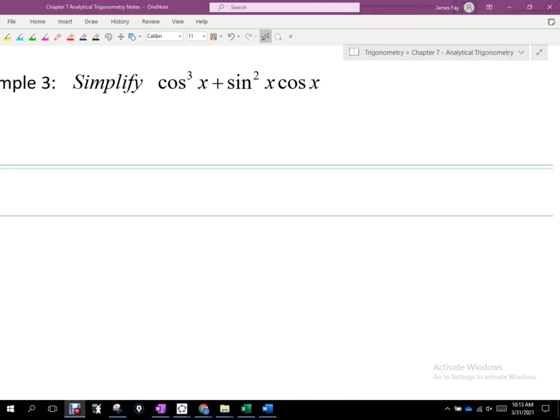Sometimes they might break down to, I think one we get to today, negative cotangent of x. You might not know right off the top of your head what negative cotangent of x looks like. But with this one, I now know, and the reason I do this, is because now I know when I should stop simplifying, right? Does that make sense?